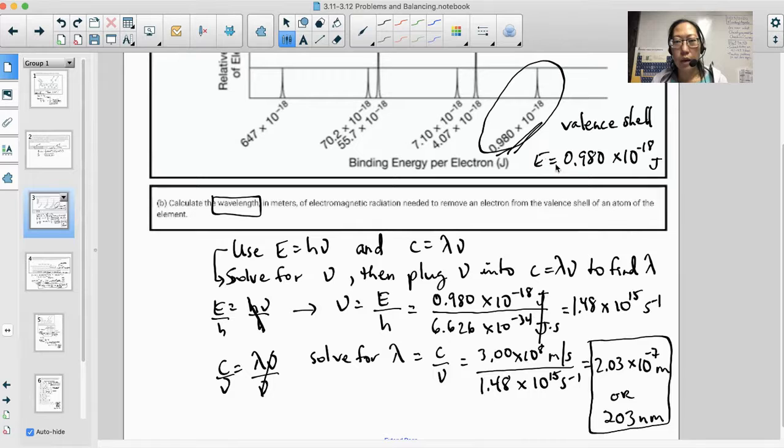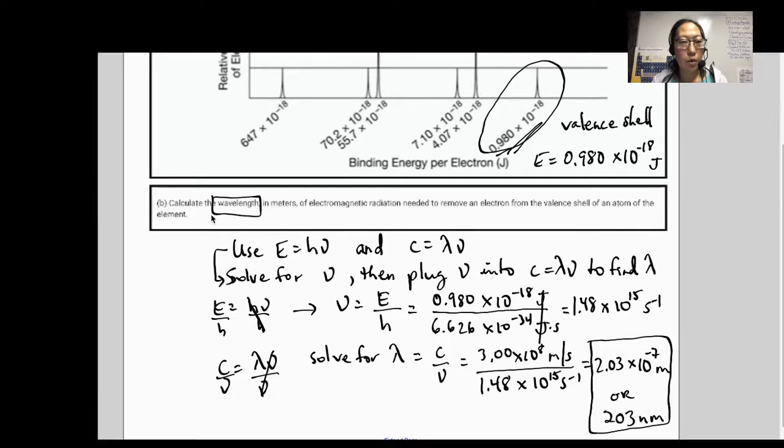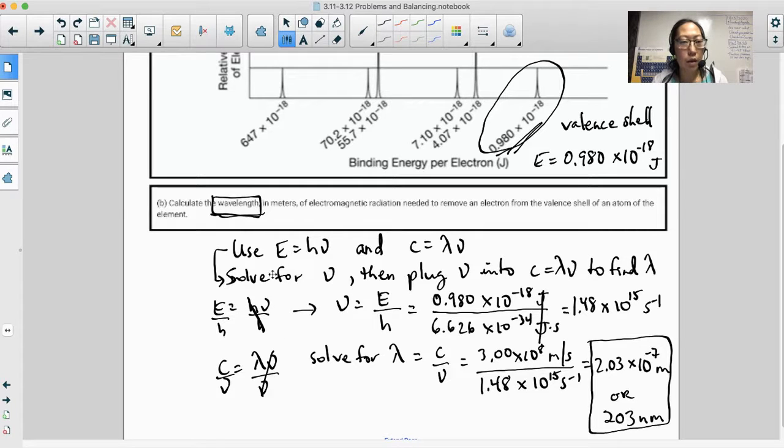That energy is right here. Then we can solve for the frequency using E equals h nu, but the question asks for the wavelength. So using our light wave equation, we can solve for the wavelength, plug those numbers in, and we get 203 nanometers.